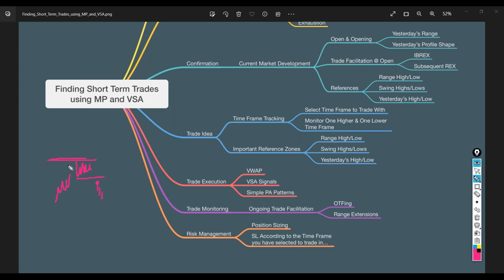Now the question is, this is the day you want to trade on, and this is the previous day. When you are analyzing this previous day, you have confirmation.